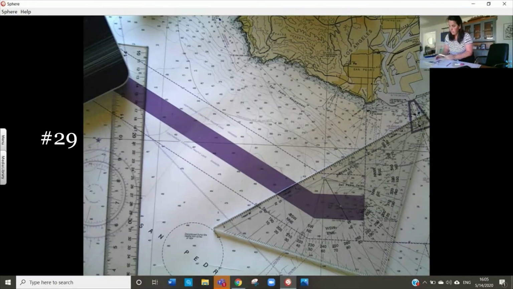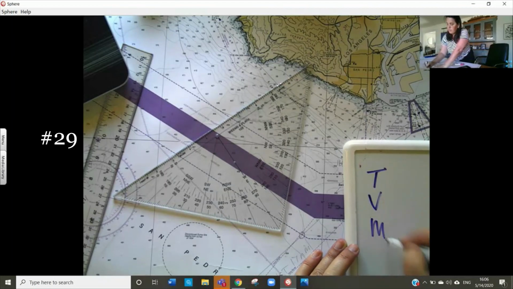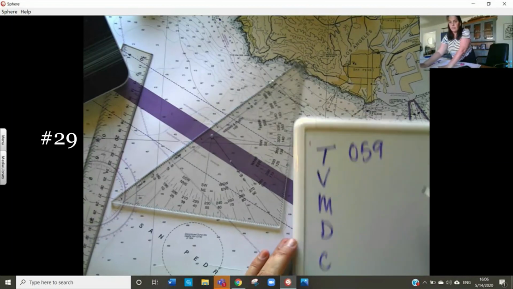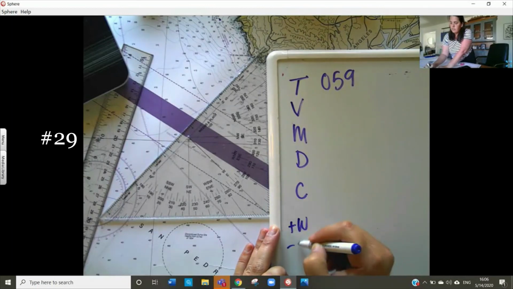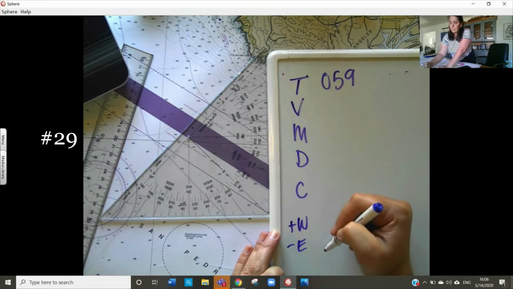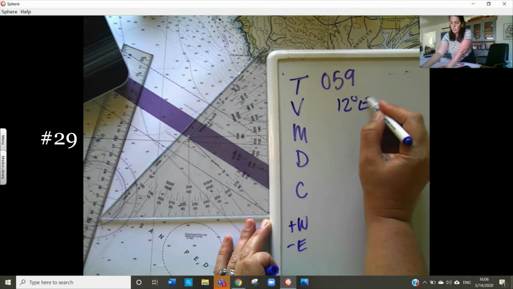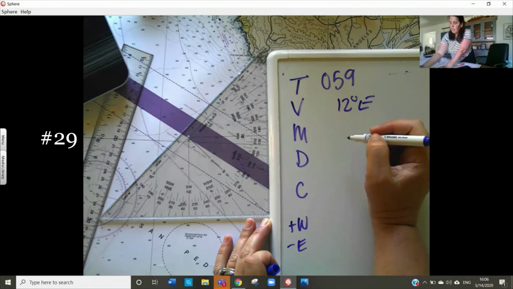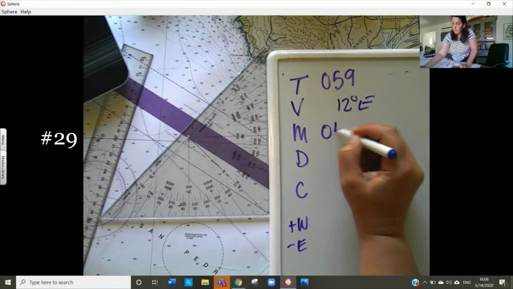So again, I need to convert. So I had my true course of 059. I'm going from T to C, so I'm going to be adding west, subtracting east. My variation is 12 east, so I'm going to be subtracting that, and I get 047.